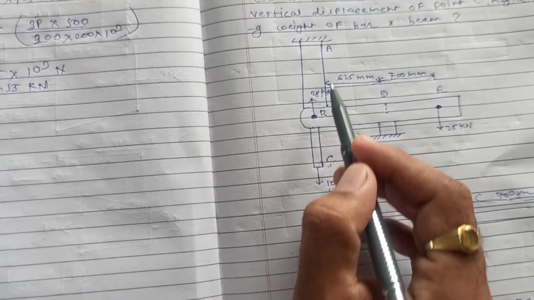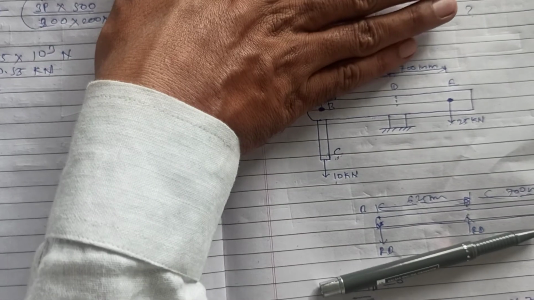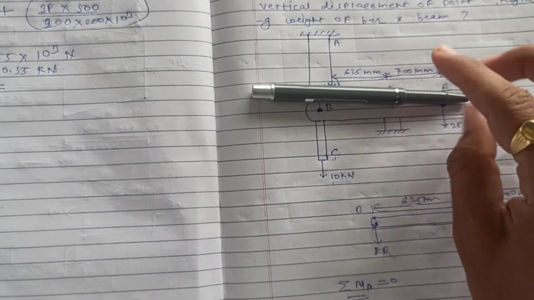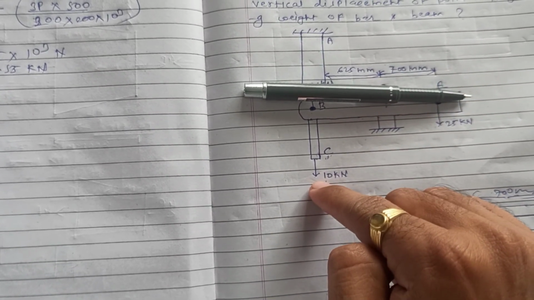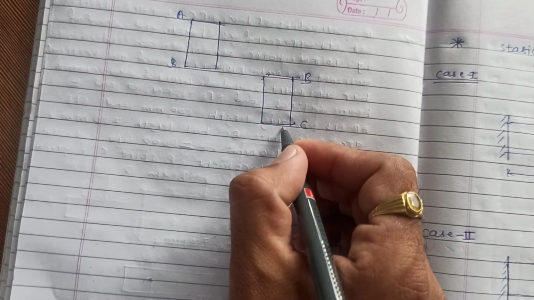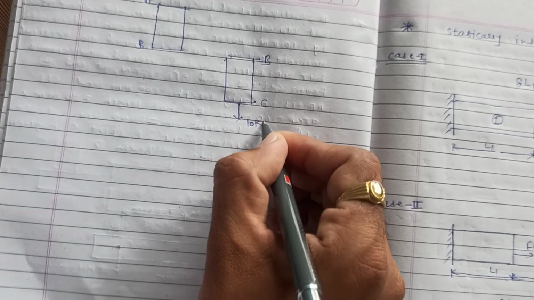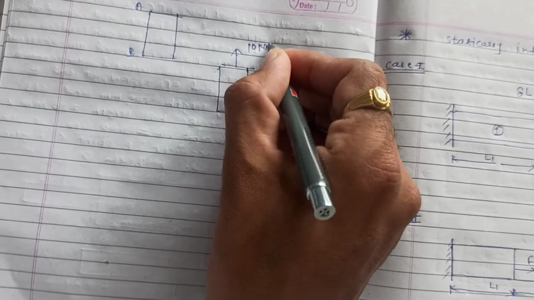This is BC and this is AB. Keep your pen here and consider the forces on the downward side. There is only one force, that is 10 kilonewton. To maintain this system in equilibrium, we have to apply the same force, that is 10 kilonewton.